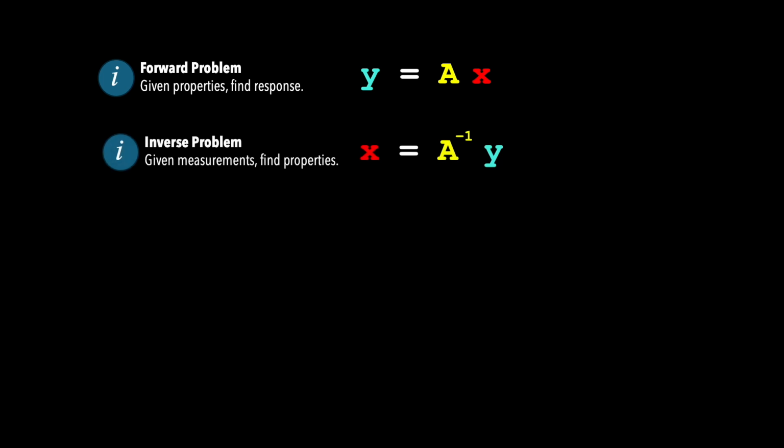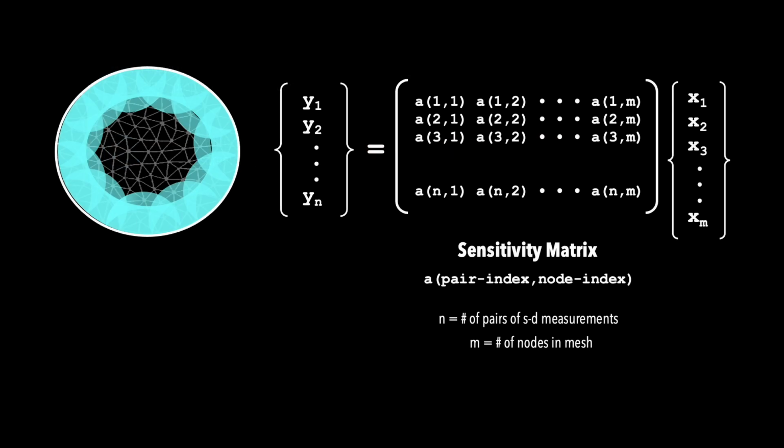This presents additional computational challenges. First, we cannot simply invert the sensitivity matrix and solve for the quantity of interest. The sensitivity matrix is not square. The number of rows in A is equal to the number of source detector pairs appearing in the model, and the number of columns is equal to the number of nodes in the finite element mesh.